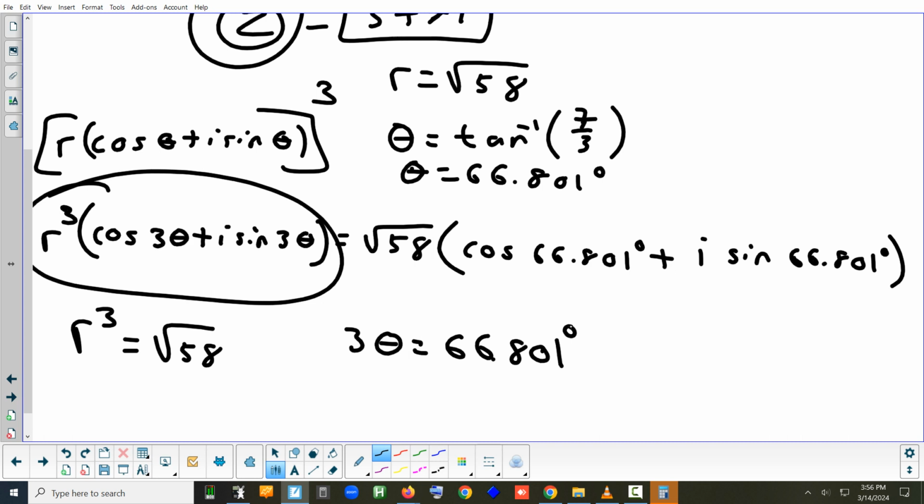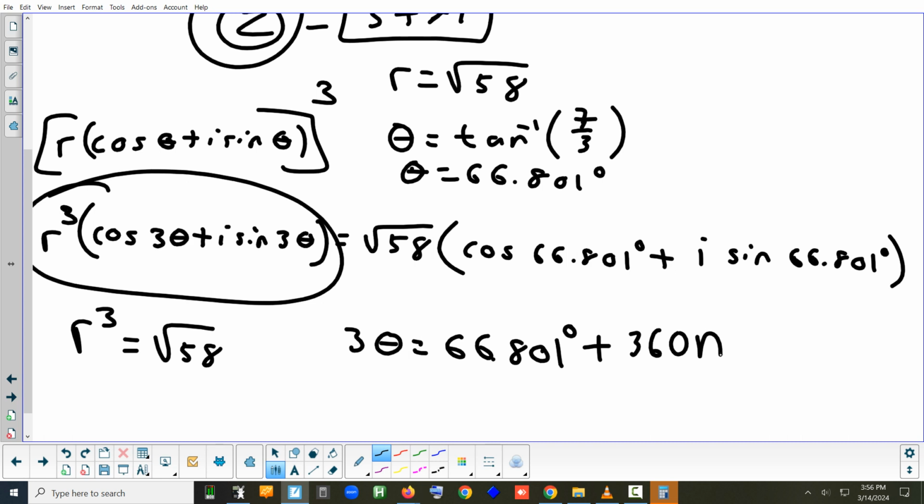But you have to add something on the end of that 66.801 so we get all the solutions. What do we have to put on the end of it? Would it be cube root? No, plus something. It wouldn't be i, would it? No, plus 360n. You have to add that on the end.